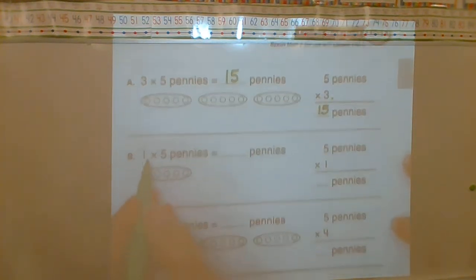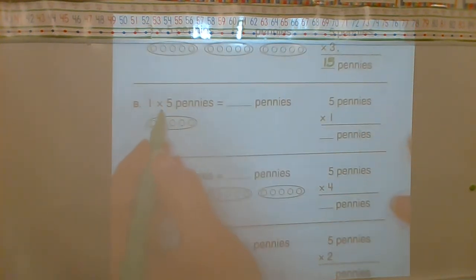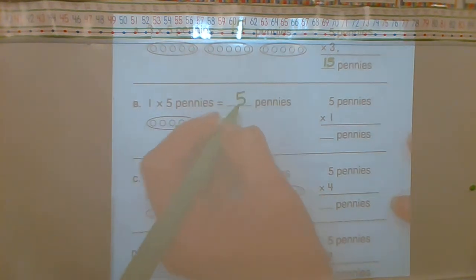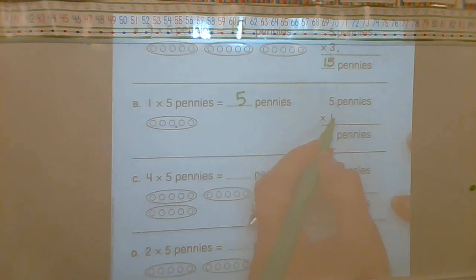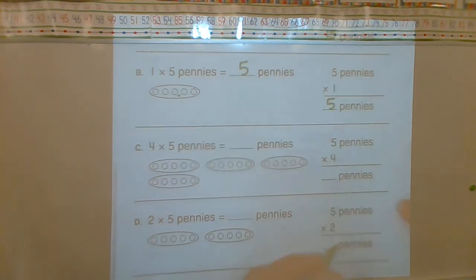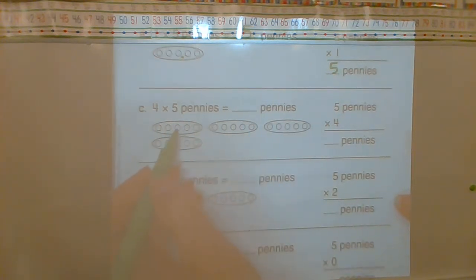What if you had, look at box B, one group of 5 pennies? What do you have? That's right, you have 5 pennies. 5 times 1, as we know, anything times 1 stays the same. Here, let's count by fives. Ready? 5, 10, 15, 20.